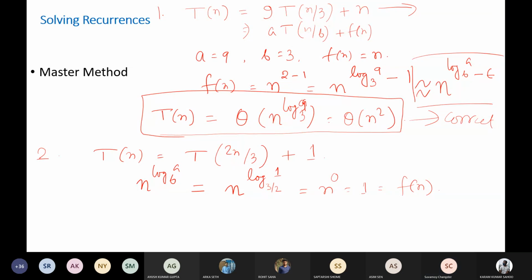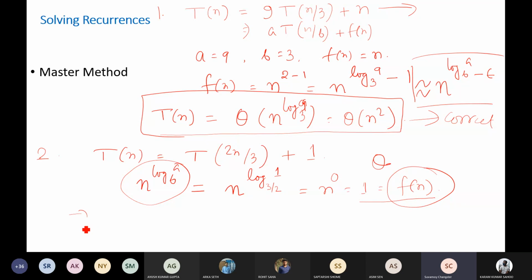So here you see 1 is equal to f(n). So n to the power log a base b is equal to f(n), or we can write theta of f(n).